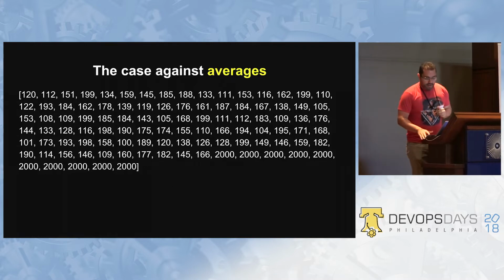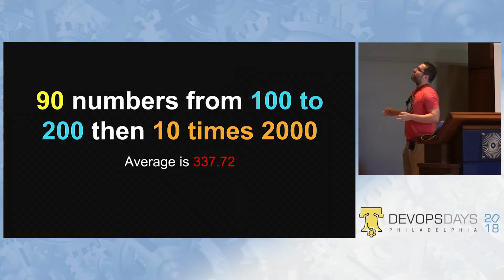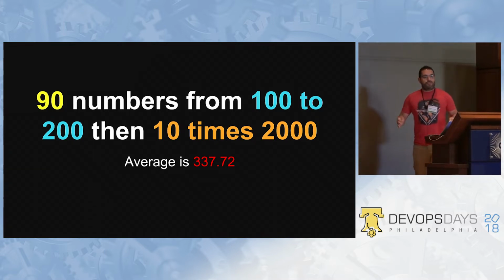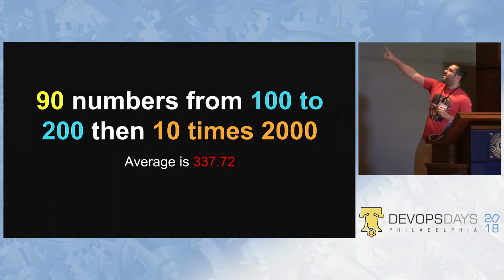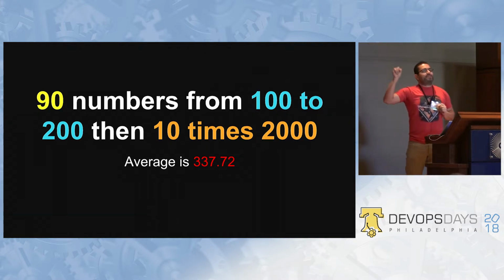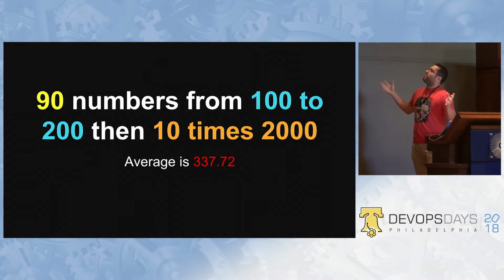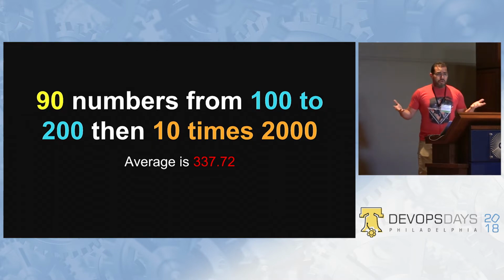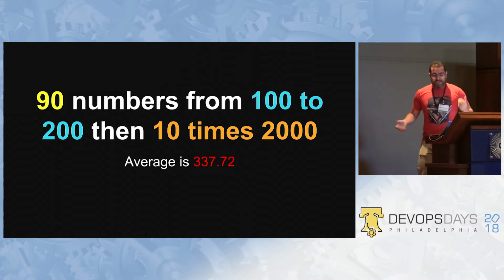These are 100 numbers. 90 numbers are from 100 to 200, and we have 10 at 1,000 in here. The average in here is 337.72. Nice, right? Not that bad. If this was milliseconds, this is less than half of a second, so it looks okay. It's not like 100 milliseconds, but it's good enough.